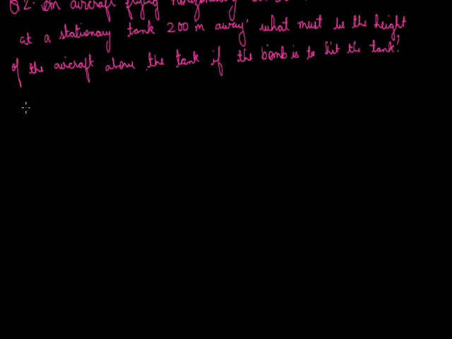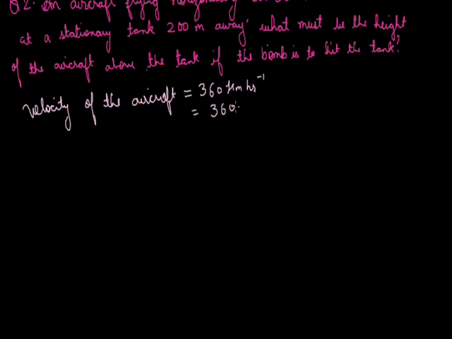The velocity of the aircraft is 360 km per hour, and on changing it into the SI system, that is 360 multiplied by 1000 divided by 3600, we get 100 meters per second. So 100 meters per second is the velocity of the aircraft.